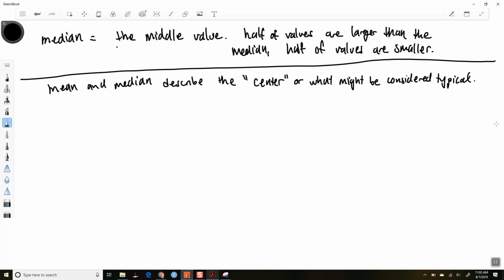Describing the distribution of ages in our classroom, we might say the median age is 19 or 20 or something like that, or the mean is probably something around there as well.